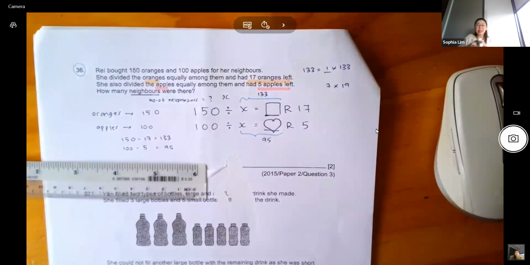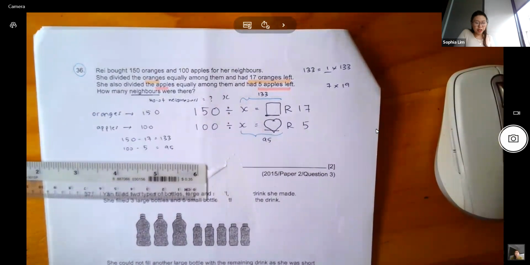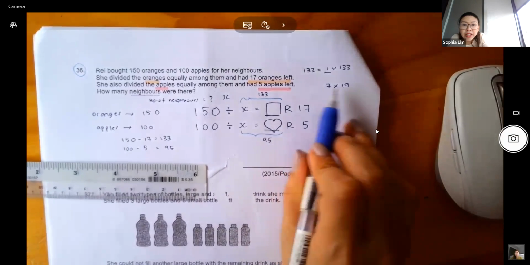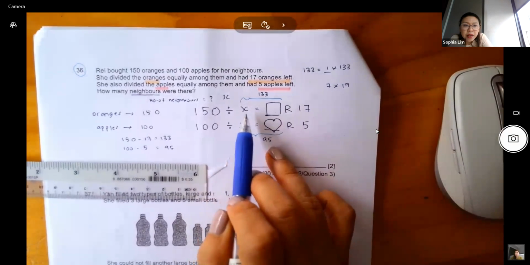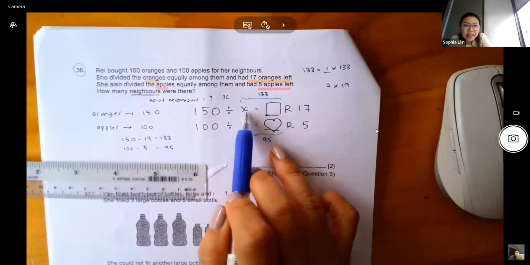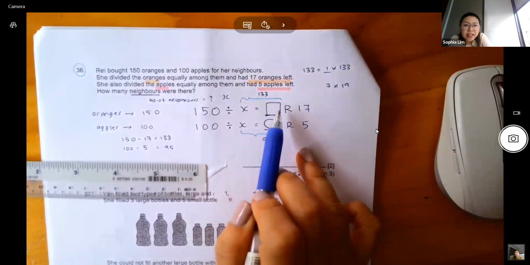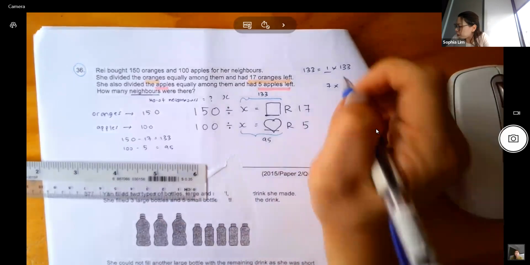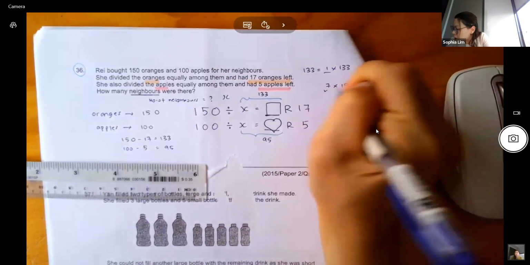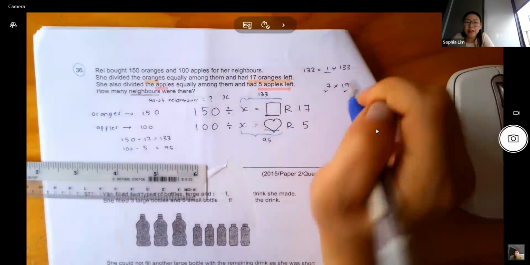You will come to this 7 times 19 because if you check whether it can be divided by 3, it cannot be divided by 3, it cannot be divided by 5 or so. The next one is 7 times 19, meaning either this X is 7 and this is 19, or this is 19 and this is 7. So with these factors of 7 and 19, we will check.